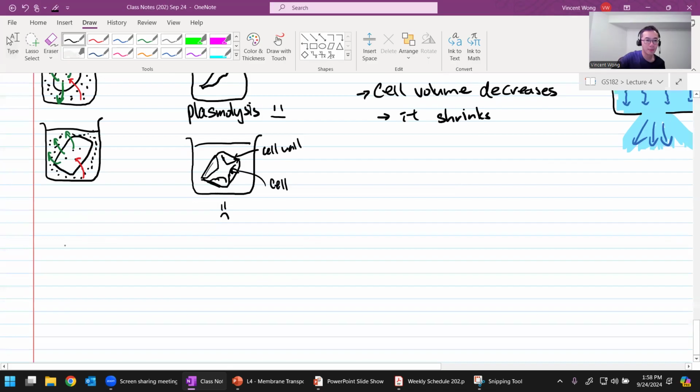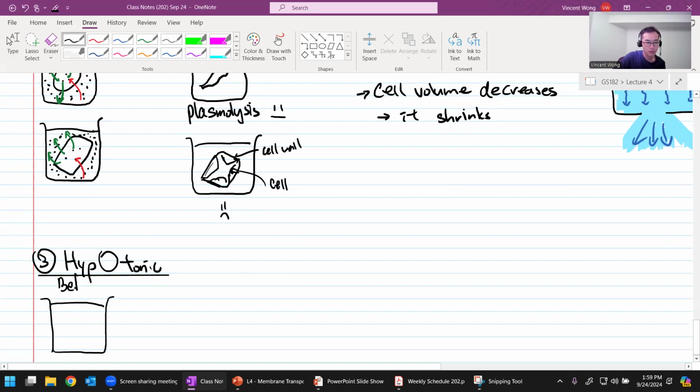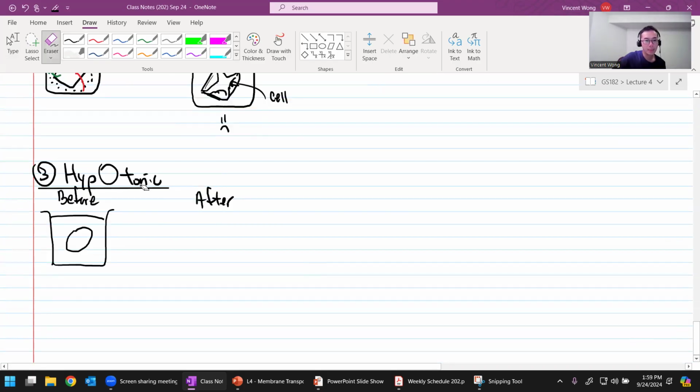Last case, number 3. It is hypotonic. And I want you to write the O really big. Hypotonic, HYPO, tonic. So let's draw it out. This is again before, after. So we have our cell, and in a hypotonic solution, you will have more solute on the inside than outside.